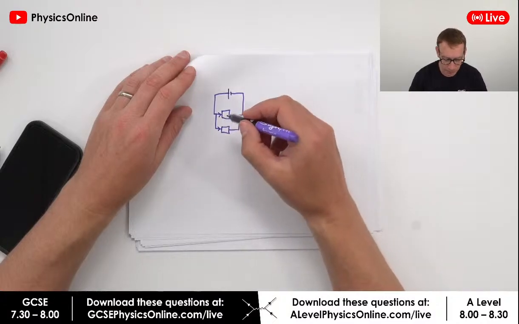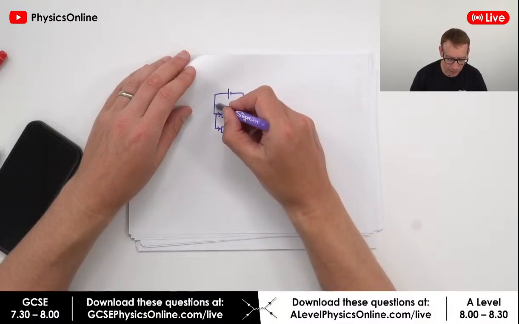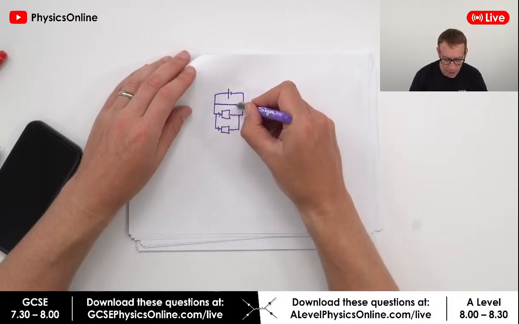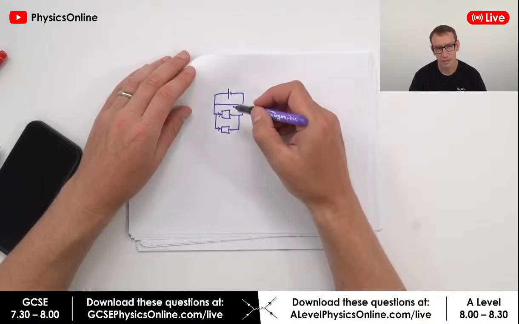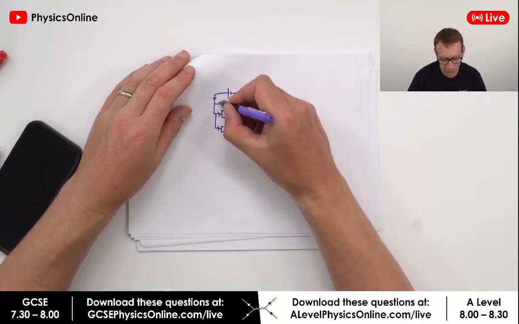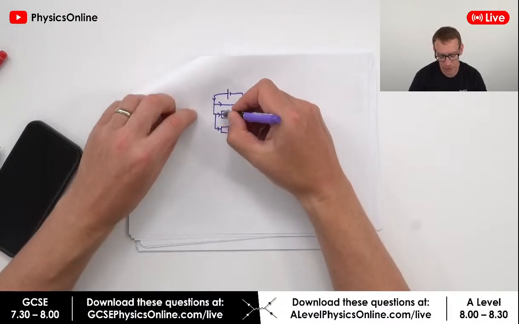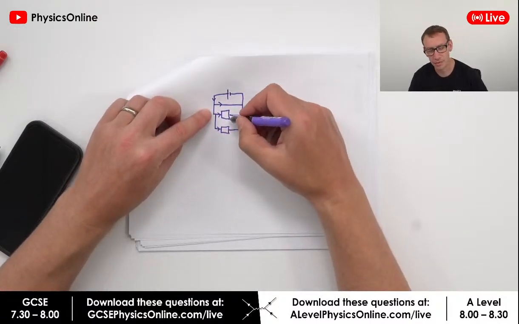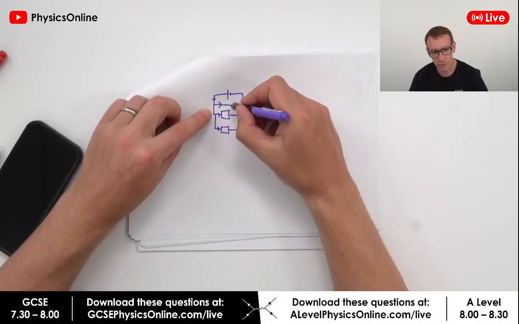Okay, but if you had at any point a loop where there was just a wire, effectively that's got a resistance of 0, and that means all the current is going to go through this and none of it is going to go around this part of the circuit which has a much higher resistance. So this is what we call a short circuit.